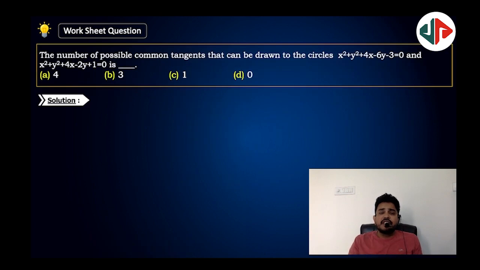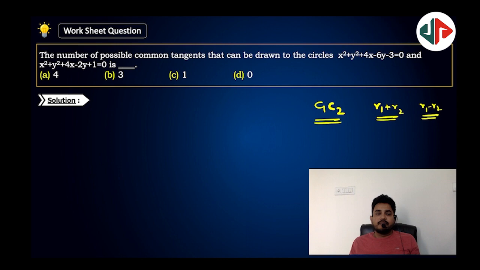The next question asks for the number of possible common tangents that can be drawn to the circles. Again, here you require C1C2, R1 plus R2, and R1 minus R2. These are the three deciding factors for this question. So what is C1? C1 is minus 2 comma 3 and C2 is minus 2 comma 1.